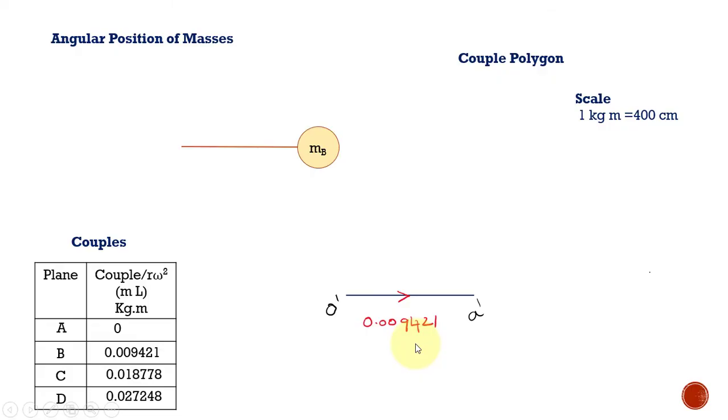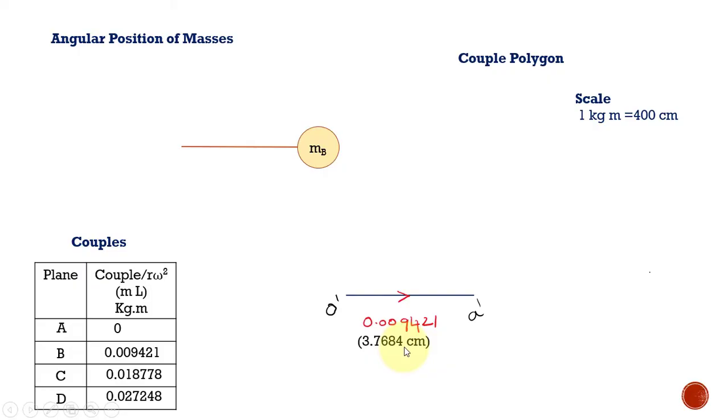0.009421. Now how much distance do I have to measure in my actual scale while constructing this couple polygon? You need to decide based on the scale value. So 1 kilogram meter represents 400 centimeter. So this 0.009421 kilogram meter represents exactly 3.7684 centimeter.